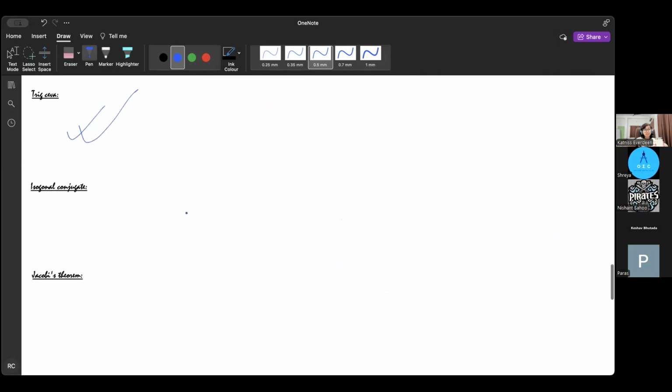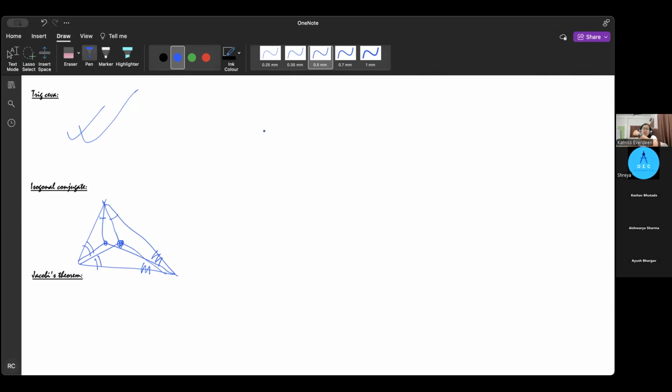And isogonal conjugates is just that if you have a point P and you take the lines such that this angle equals this, this angle equals this, and this angle equals this, then these three lines also concur. So this just follows by trig Ceva because we can just revert that.